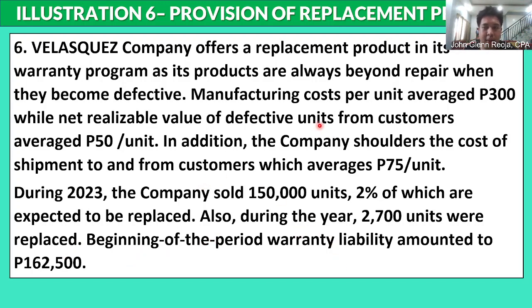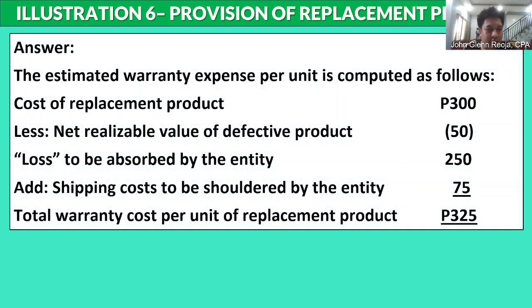So, how much is the cost of replacement product? It says here the manufacturing cost per unit averages 300. So, that is the cost. And then, it can be sold again for 50. That is the NRV of the defective unit. So, how much is the loss to be absorbed by the entity? Actually, that is 250 pesos per unit.